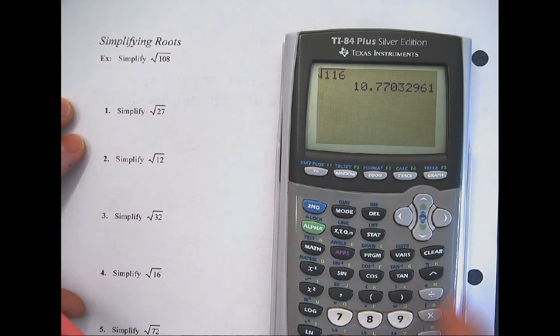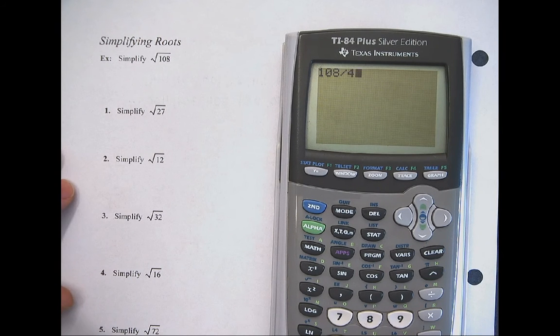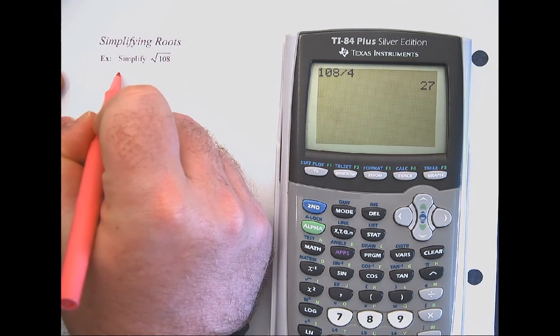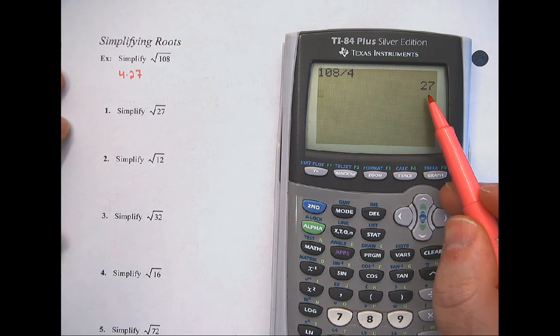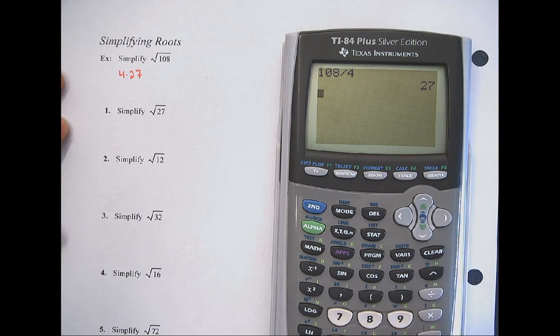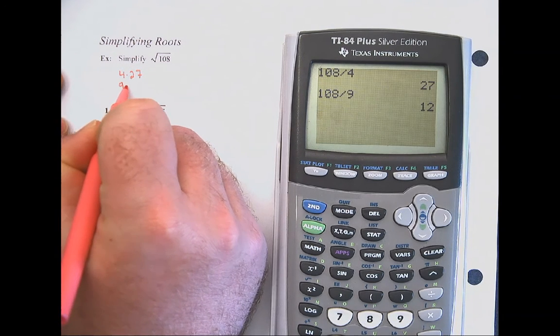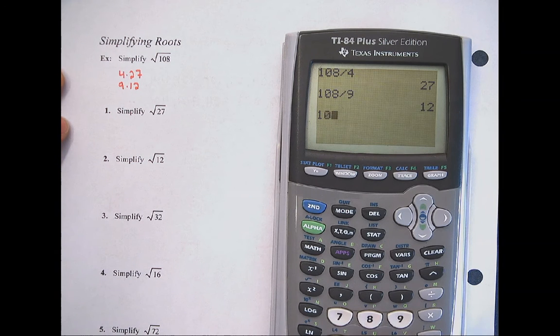So I usually start off by trying to break down 108 by the perfect squares. I start small so that I don't miss any. So 108 divided by 4, yep, 4 works. So I'm going to write 4 times 27 over here. But is there a perfect square that goes into 27? If you can tell, you know you got to keep going. If you can't, just keep going through the list of perfect squares. 108 divided by 9, so that's 9 times 12. 108 divided by the next perfect square, which is 16.